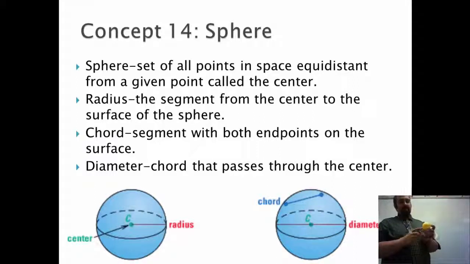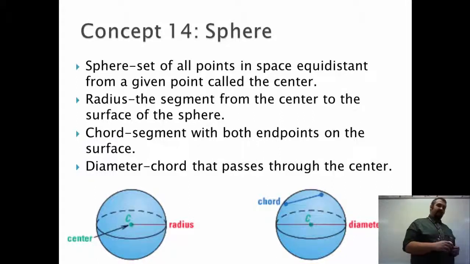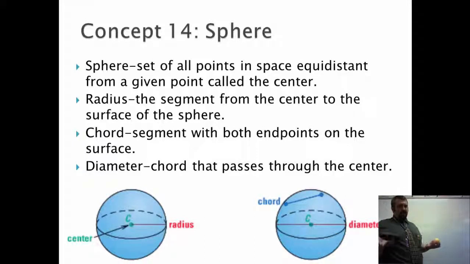So from here to here is a diameter because it goes from surface to surface and it goes through the center. Basically, just like before, the diameter is two radii put together. So, these words, we use them in circles. We're going to use them in spheres again.